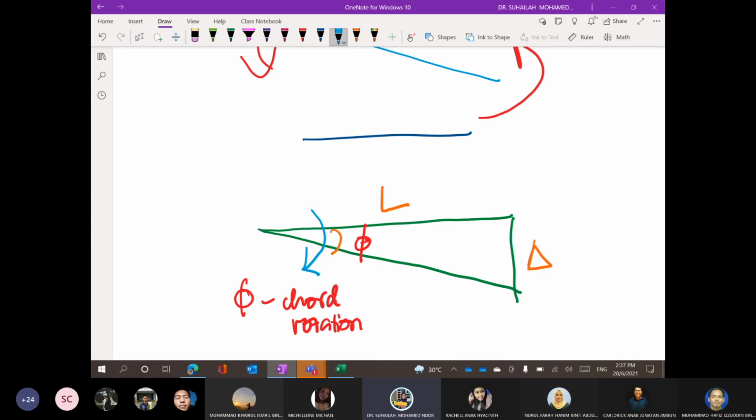Both angles are clockwise. Because this is actually simple maths, where here is the reference line and this is the zigzag, right? Is it the same, this one and this one? Yes, the same.